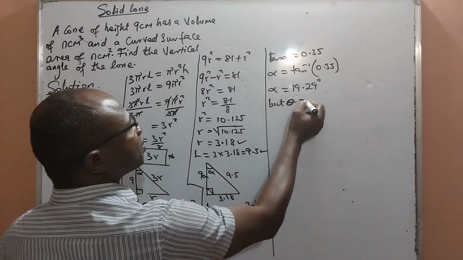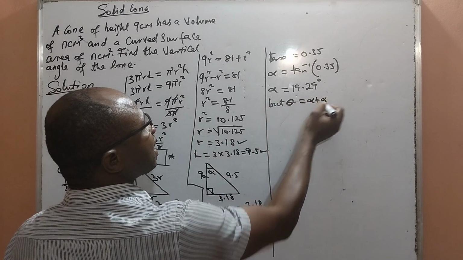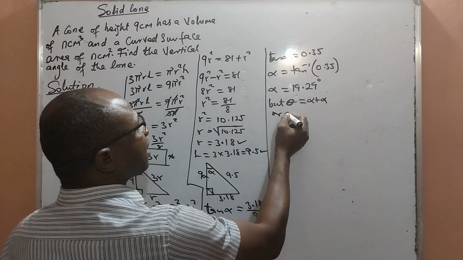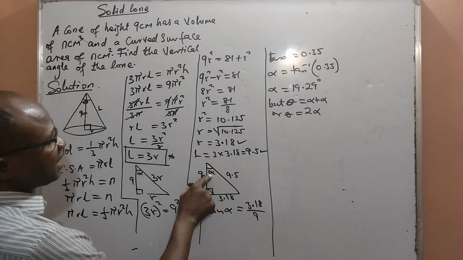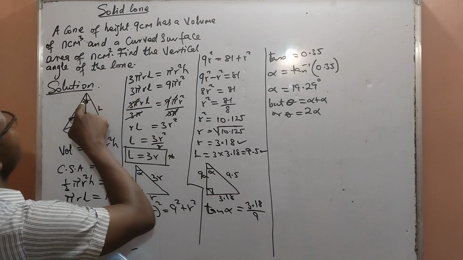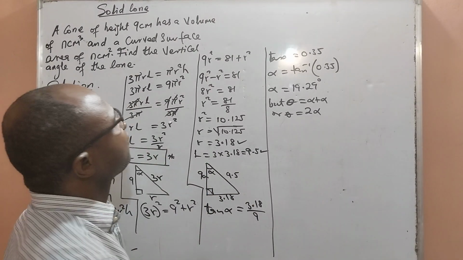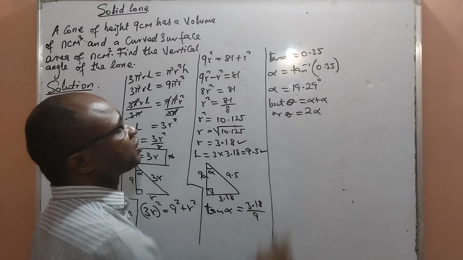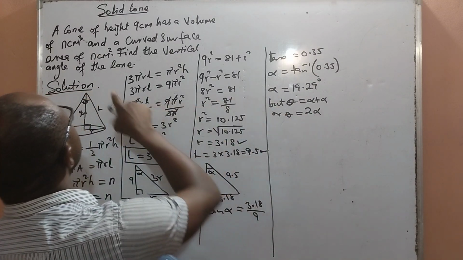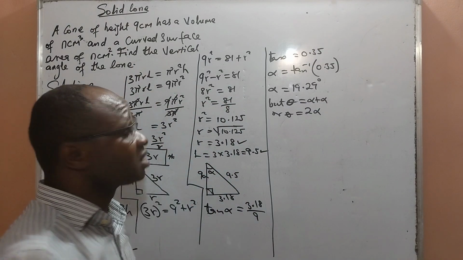But theta is equal to alpha plus alpha, or theta equal to 2 alpha, meaning that since it is half of the vertical angle, if I multiply the value of alpha, which is 19.29, by 2, I should be getting the vertical angle of the cone.